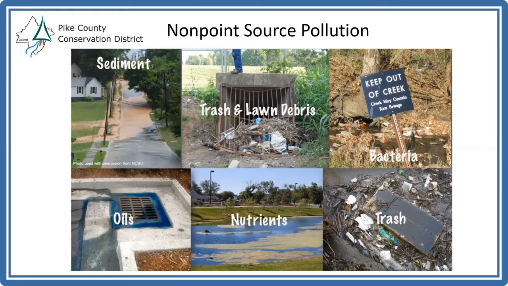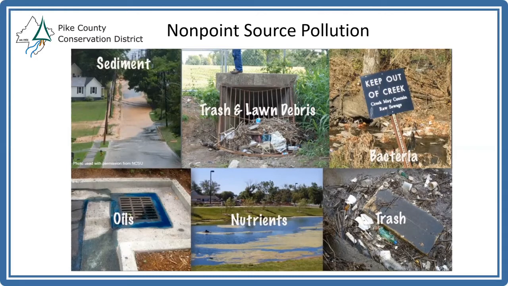And then as we see there on the bottom left, we see some oils collecting around a storm drain. I think that might be one of the things that probably sprang to your mind first. I know it does for me, the visual of oil running into a storm drain. And a lot of storm drains directly drain into water sources without being filtered.